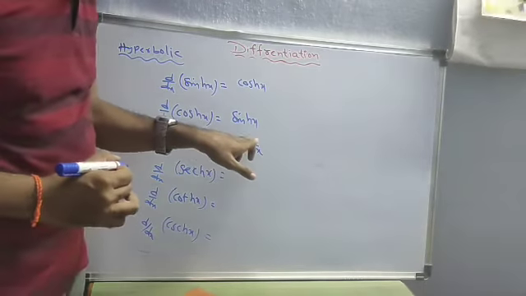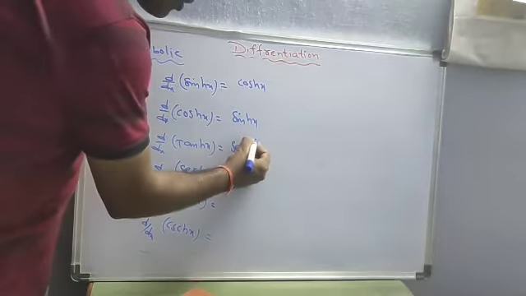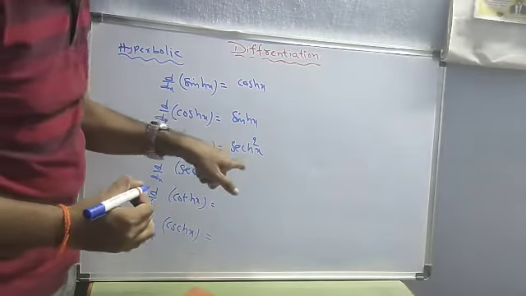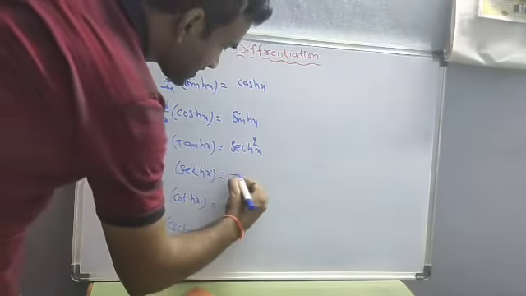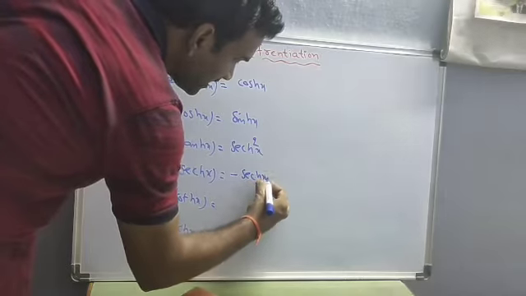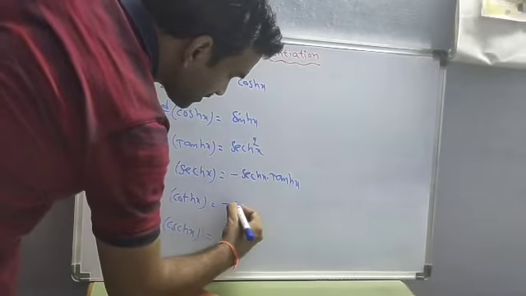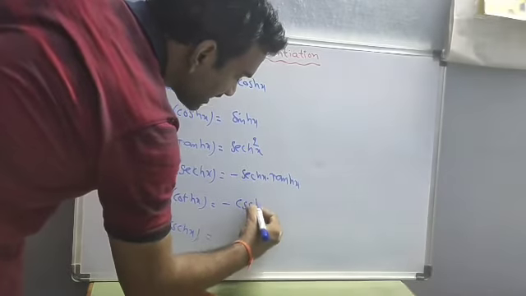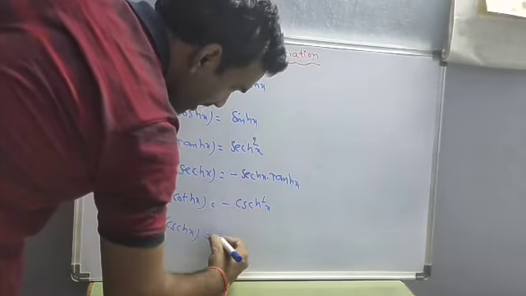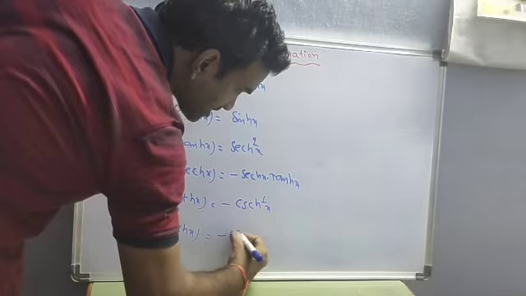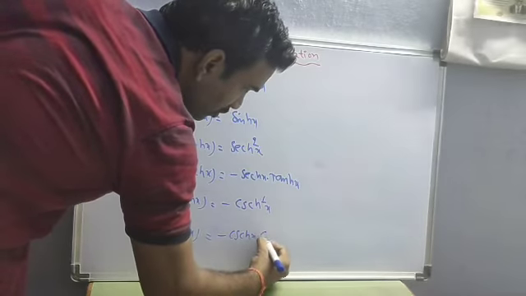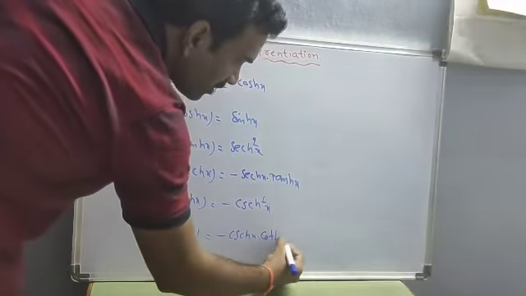We have to take the square on the h value only. Secant hx gives minus secant hx into tan hx. Cot hx gives minus cosecant h square x. Cosecant hx gives minus cosecant hx into cot hx.